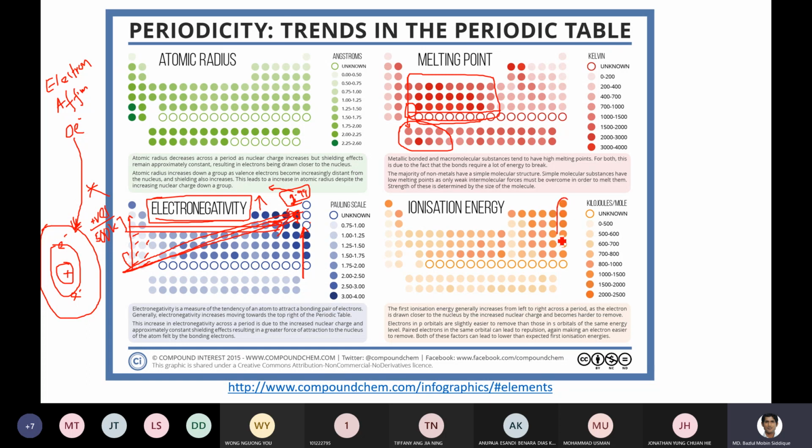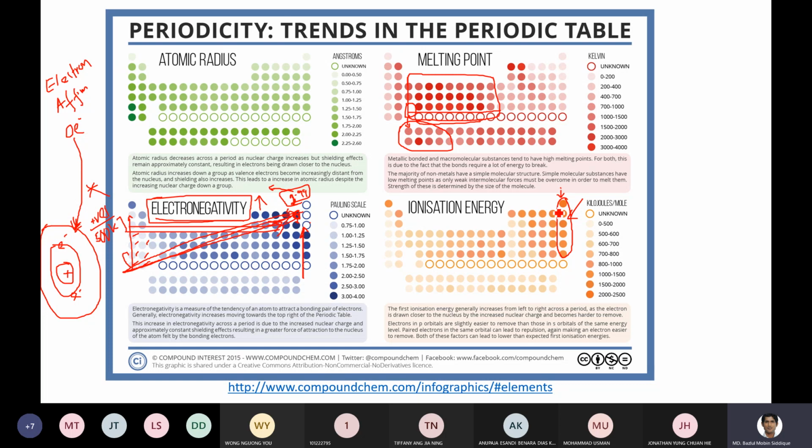For noble gases it is very high because they are already stable. They do not want to give any electron to anyone. If you try to remove an electron from them, you need a very high energy.